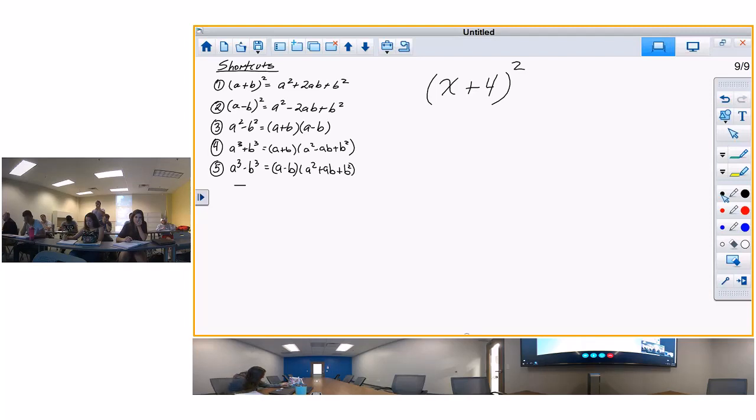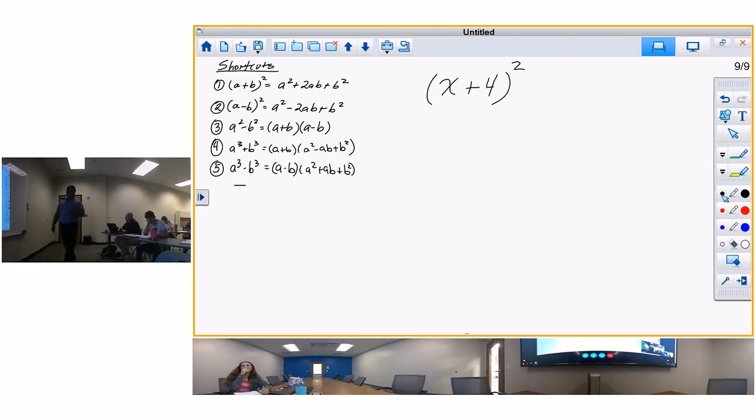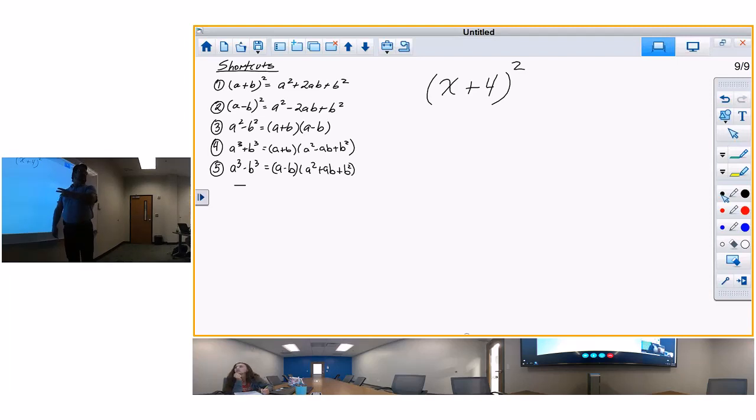So which one of 1, 2, and 3 does not have parentheses on the left-hand side? 3. So it's not number 3. So that narrows it down to number 1 and 2. And which one does not have a negative? Number 2. So that means that we are going to use number 1. And I did all that without even writing anything on the paper. It's called mental work.